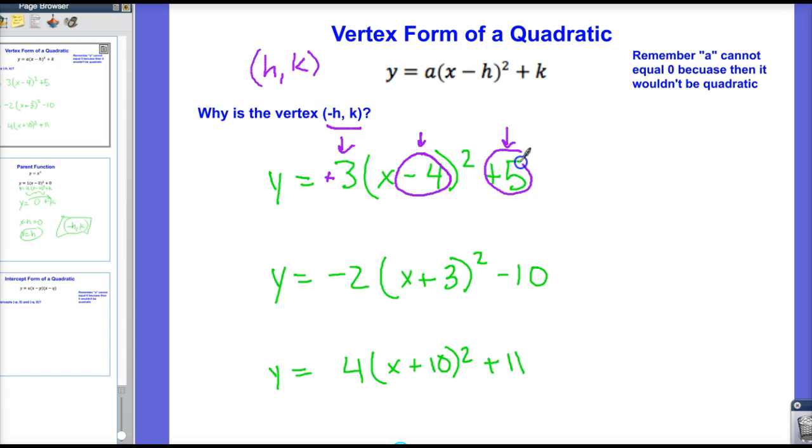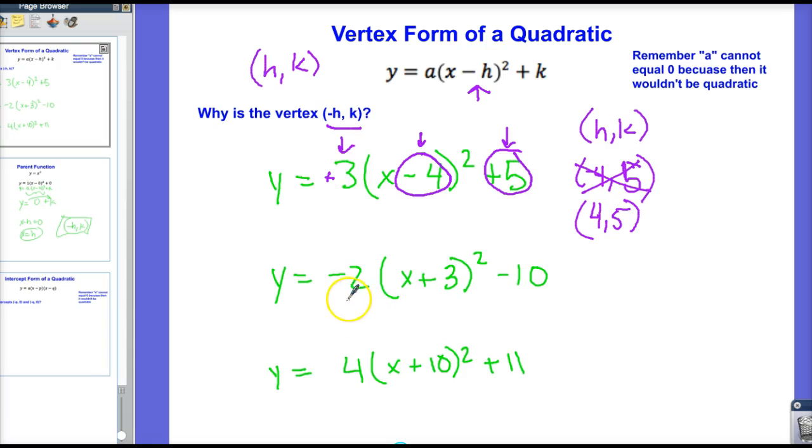In this case, a plus 5. So, if you were thinking h, k for this, then you would say negative 4, positive 5. But that is incorrect because that negative is part of the equation. So I like to say negative h, k because we should have a negative 4 here. The opposite of negative 4 is 4, 5, which is the correct vertex.